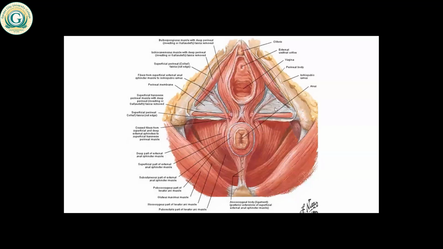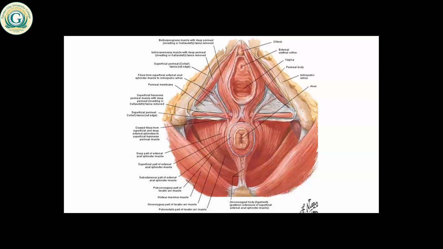These spaces, even when you take the fascia out here, there's a space. If anything should happen, like infection, and it spreads into these spaces, how do we call the spaces between the superficial and the deep perineal muscles? You see, we have superficial muscles and deep ones.